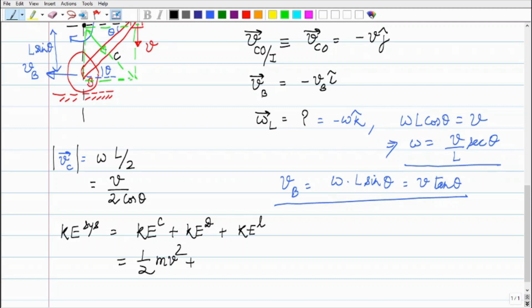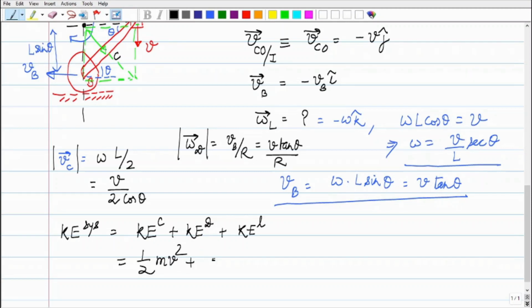What is omega of the disk? Since VB, the center of the disk, is moving with VB, so omega is simply VB by R, isn't it? So I can also write that omega of the disk is nothing but VB over R, right? Which is V tan theta divided by R.